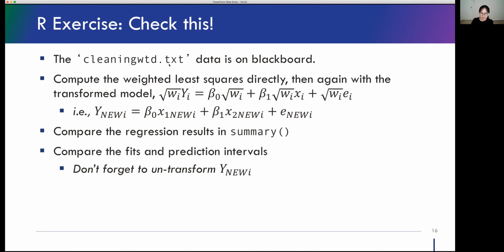I'll have this data set posted on Blackboard, and we do the transformation and get a new model to fit. And we want to compare this regression result with the weighted least squares regression, and compare the fits and prediction intervals. Let's do the prediction interval and also take a look at the comparison again.